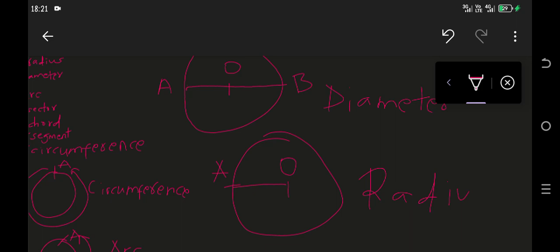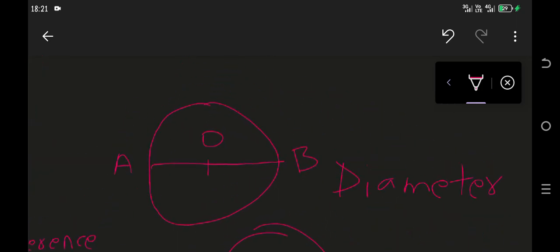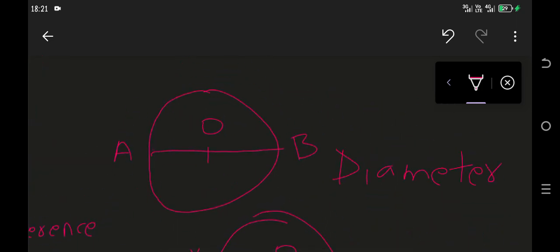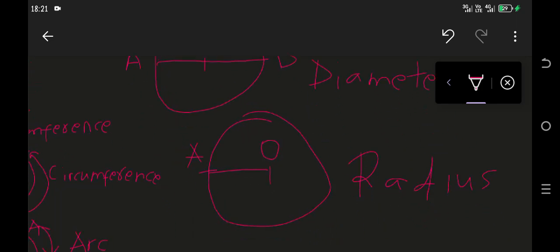Now back to the diameter. The diameter is a line from point A to point B on the circumference of a circle. It passes through the center and it divides a circle into two equal halves. The radius is half of the diameter.